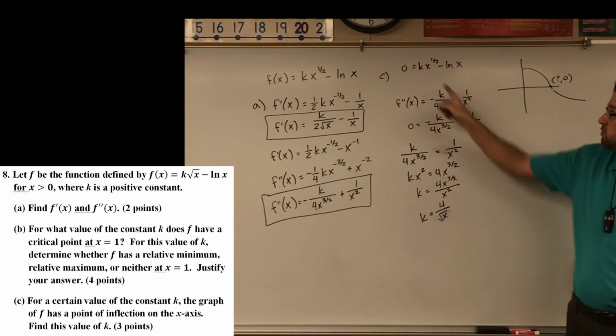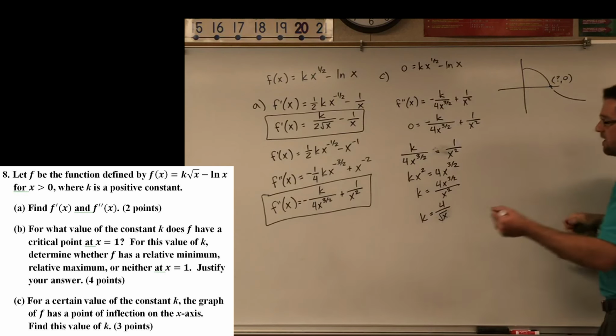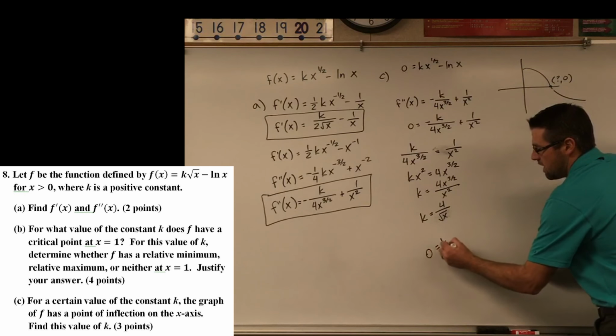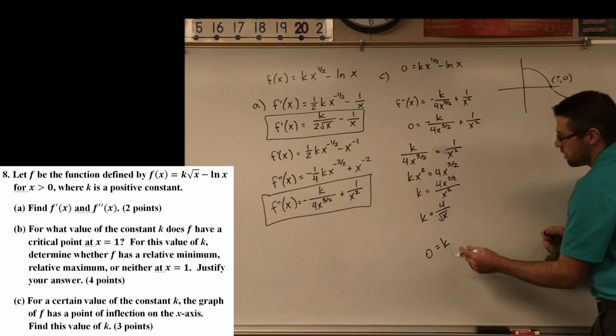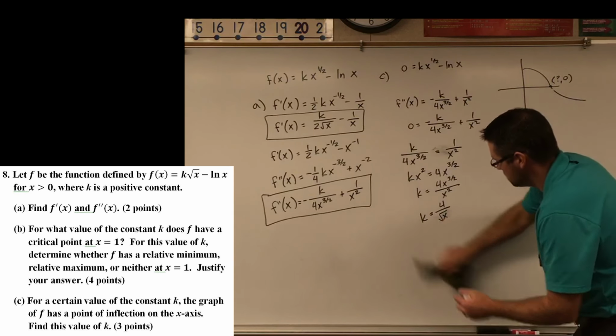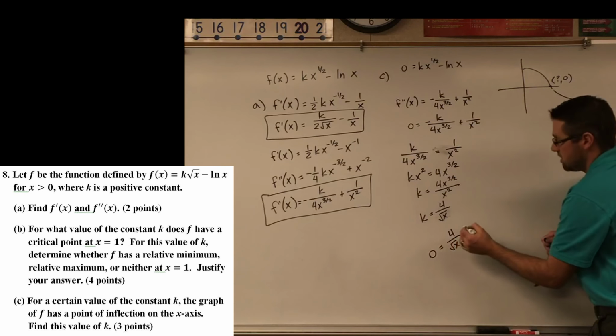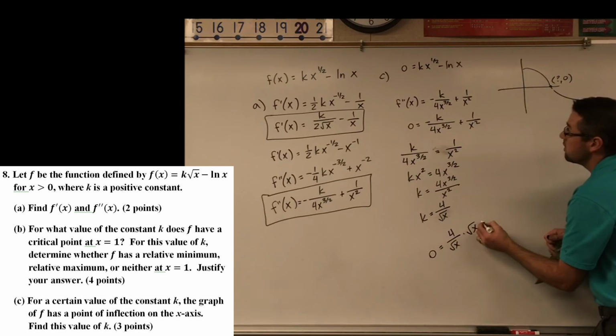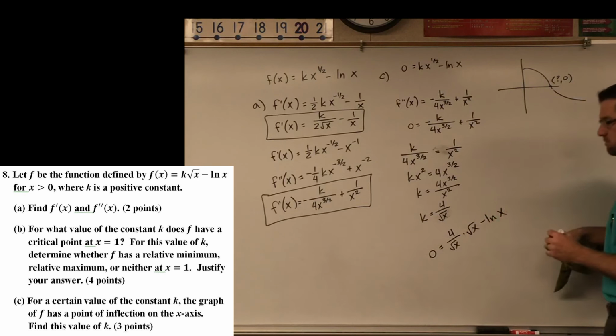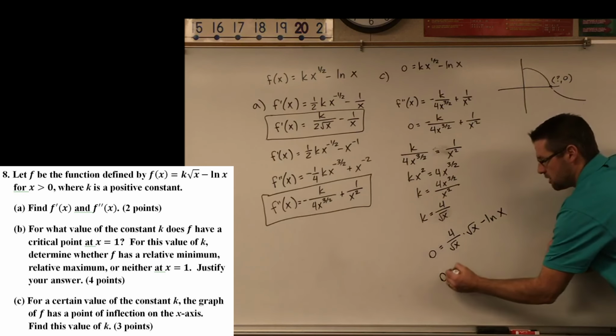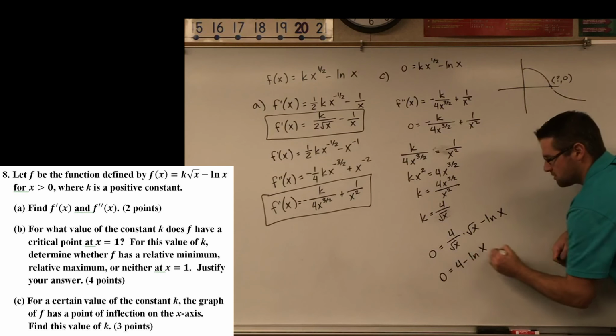So let's plug this value into k. We would end up with 0 equals 4 over rad x times rad x minus natural log of x. So you get 0 equals 4 minus natural log of x.